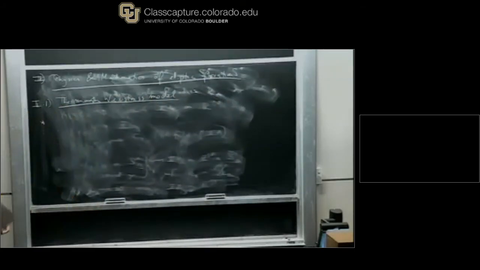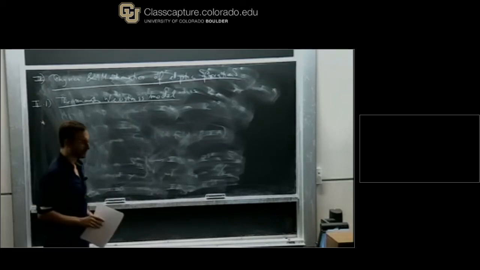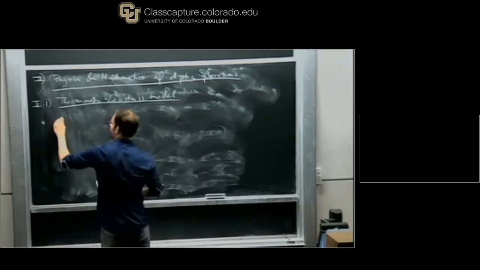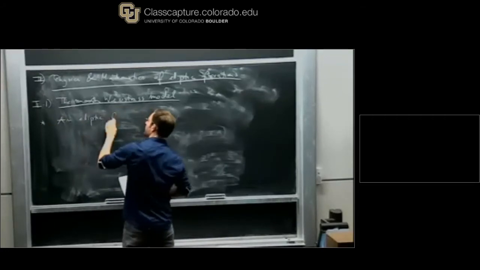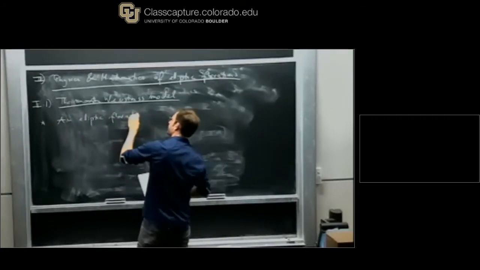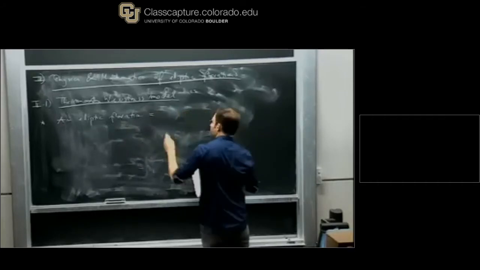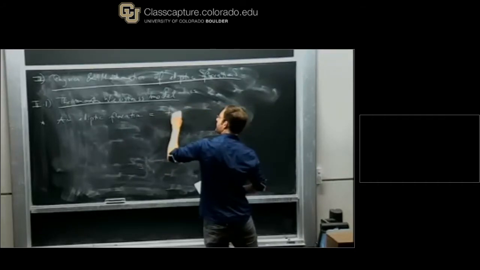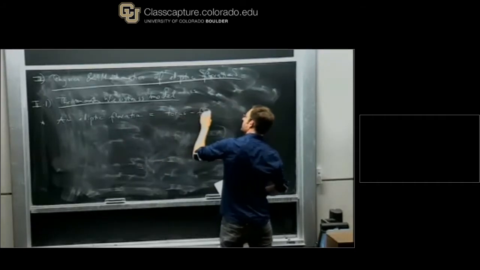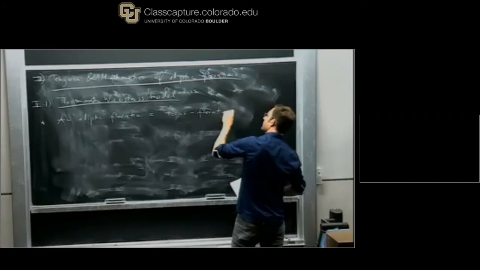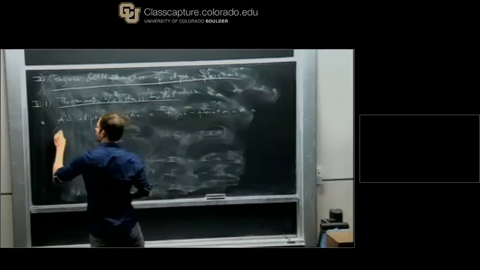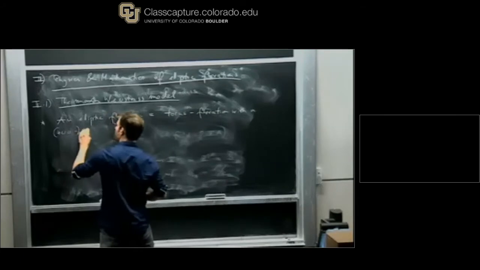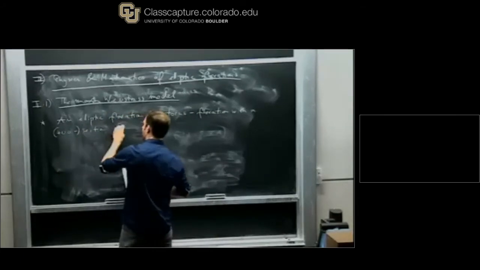So, an elliptic fibration is a torus fibration with a section, sometimes called the zero section, S0.